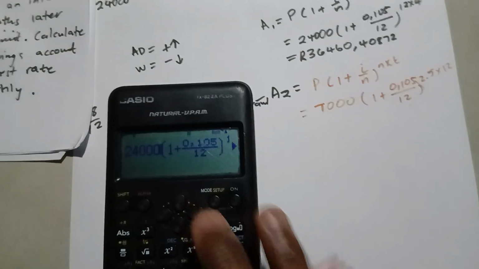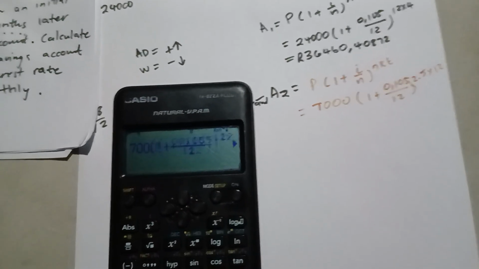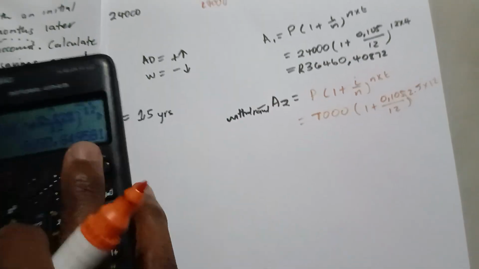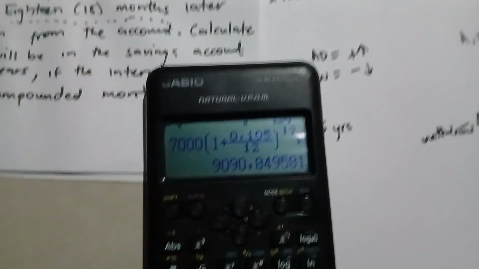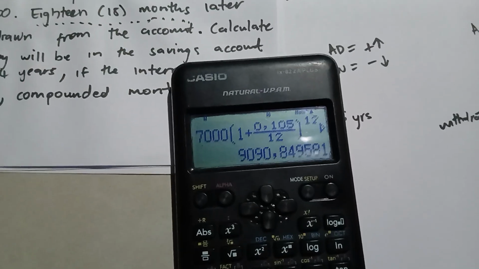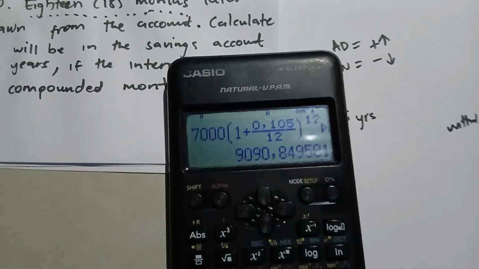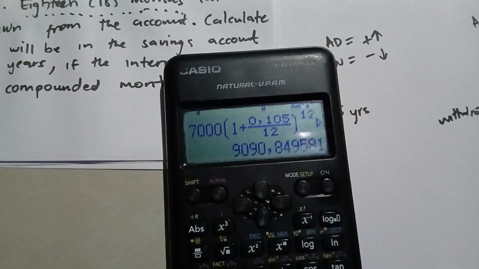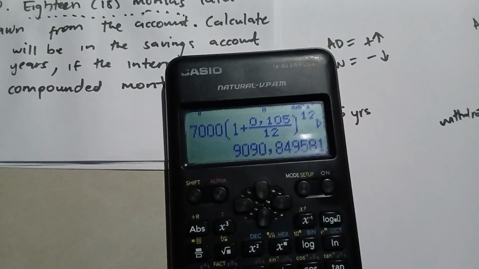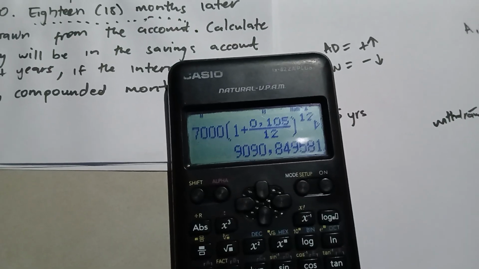So now we are just checking for this 7,000 how much interest it would have accumulated. So now this 7,000 would have accumulated up to 9,090.